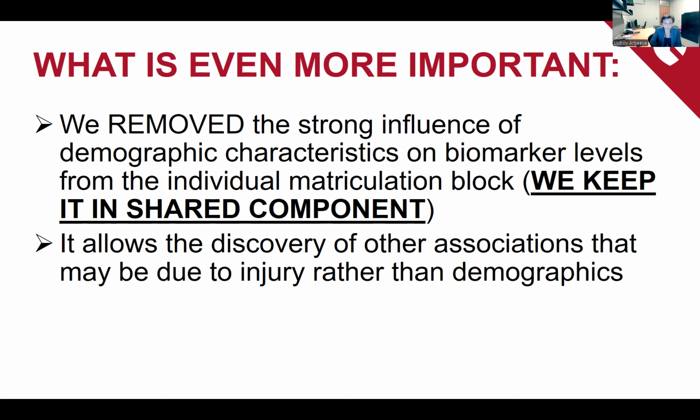What is even more important, we removed the strong influence of demographic characteristics on biomarker levels from the individual matriculation block. We keep it in the shared component. And it allows the discovery of other associations that may be not because of demographics. And that's the beauty of Arbeeva.